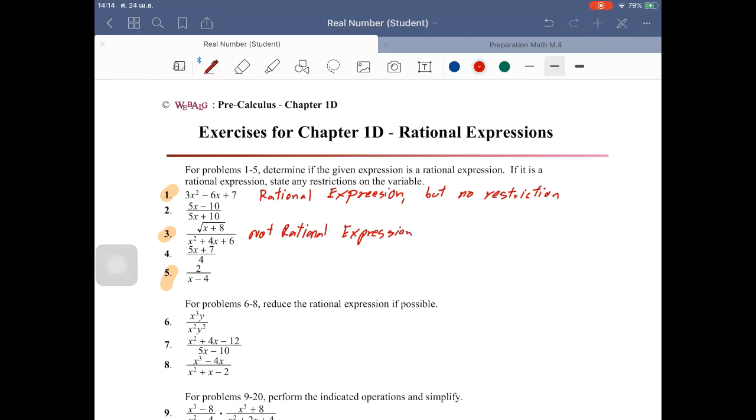Question 5 is rational, but there is some limitation here. This one cannot be 0, so x cannot be 4, isn't it? So x can be any number but not 4. Okay, I will give you a minute to take the notes.